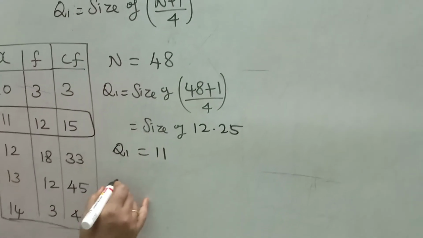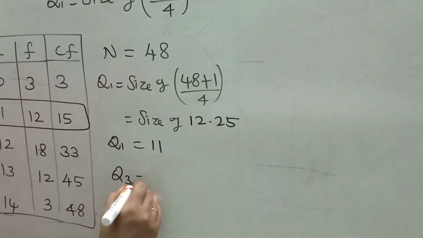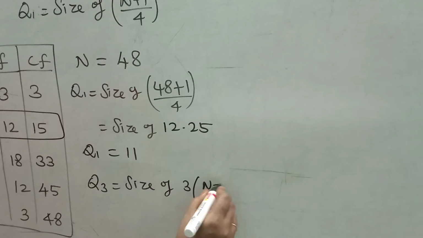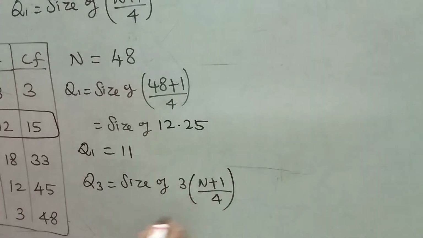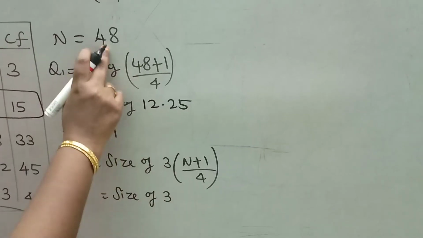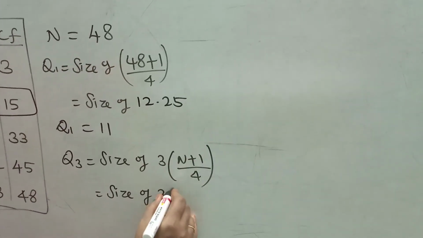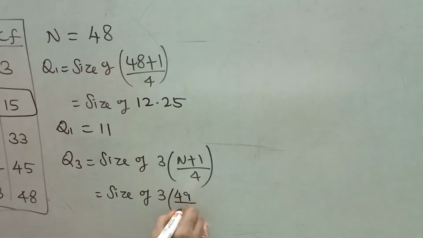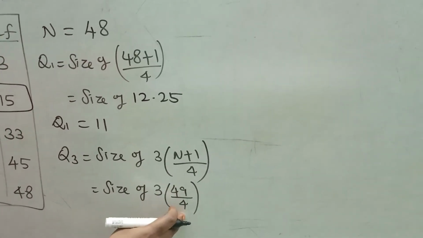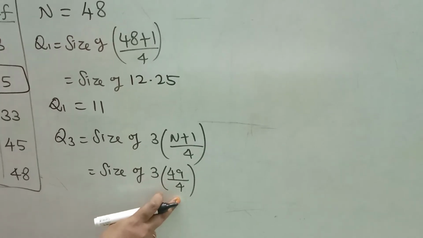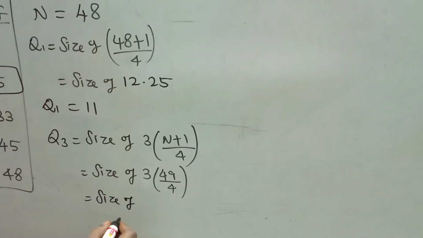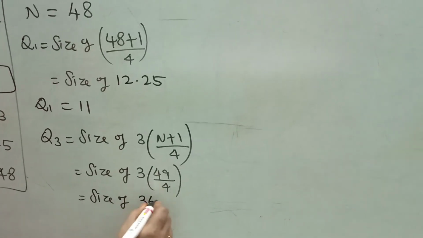Next, we are going to find Q3 value. Q3 formula is size of 3 into (n plus 1) by 4. N value is 48. 48 plus 1, 49 divided by 4. Simplifying, 3 into 49 divided by 4, we get 36.75.